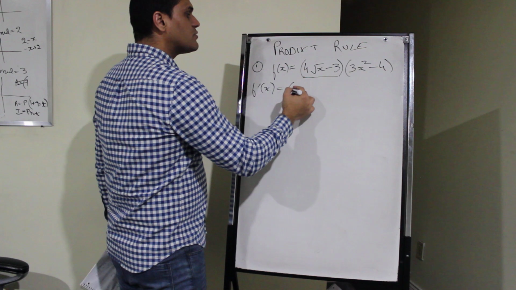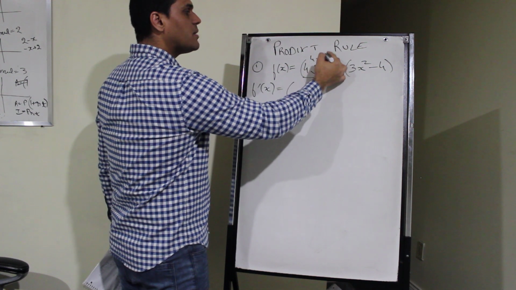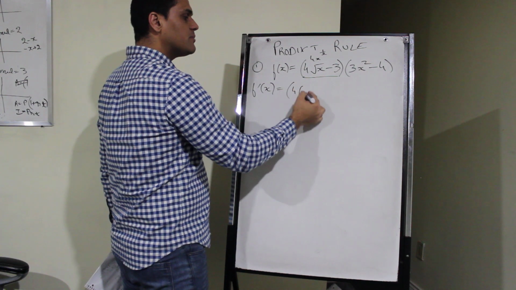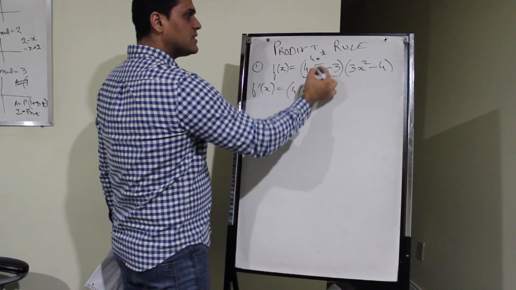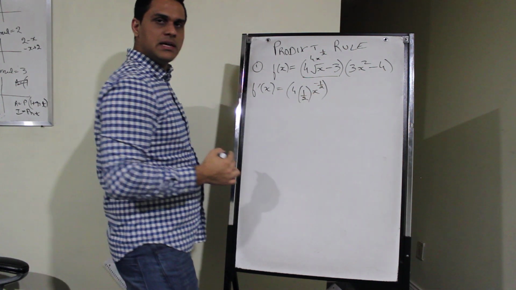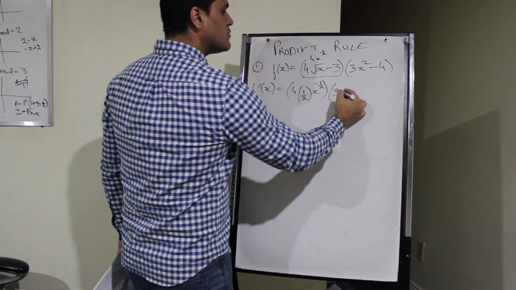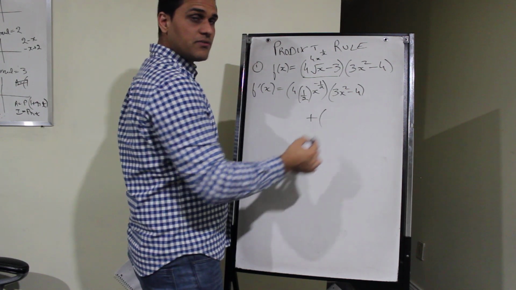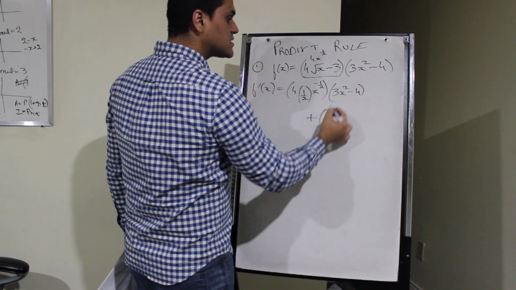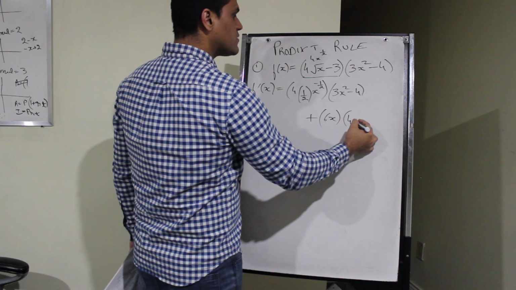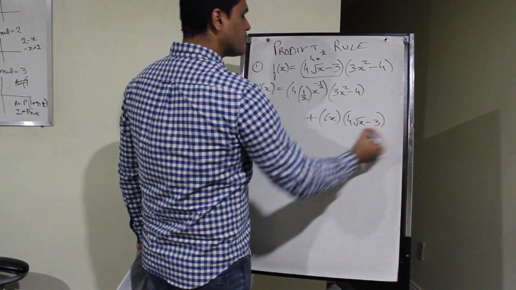Now, you can rewrite this as 4x to the power 1 over 2. So 1 over 2 will multiply by 4, so you have 4 times 1 over 2. And then the power is going to go down by 1, so it will be x to the power minus 1 over 2, times the second term, which is 3x squared minus 4, plus the derivative of your second term, which is just going to be 6x, times your first term, which is 4 square root of x minus 3.